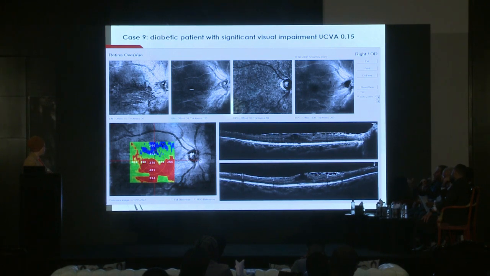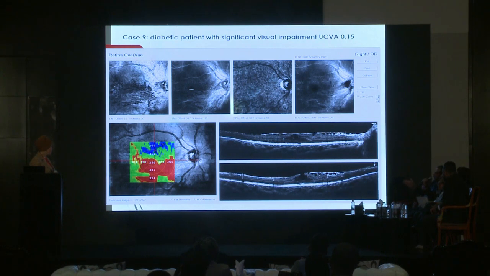So I need to do, for example, OCTA or fluorescein angiography in this case, to be sure whether there is any macular ischemia or any leakage, in addition to the tractional component of the epiretinal membrane with the lamellar hole. Because I see that the ellipsoid zone is intact and the vision is significantly impaired. So I have to exclude first whether this is macular ischemia, whether this is associated with diabetic macular edema.